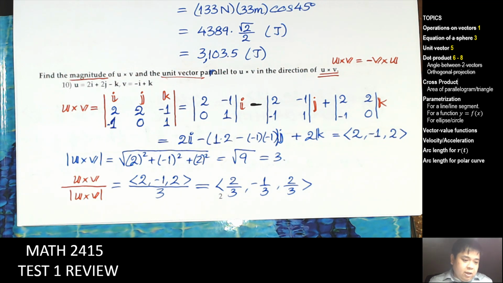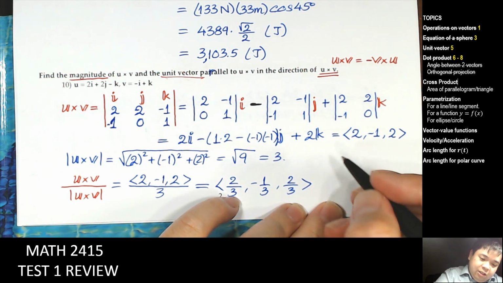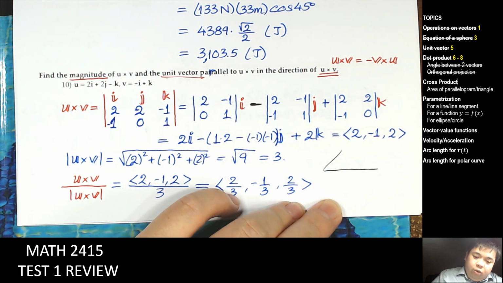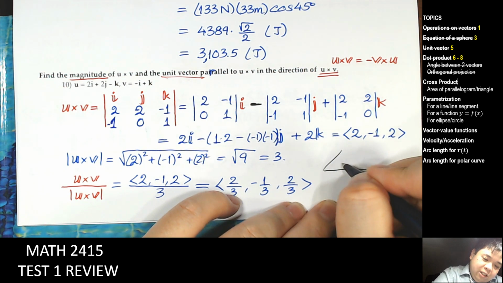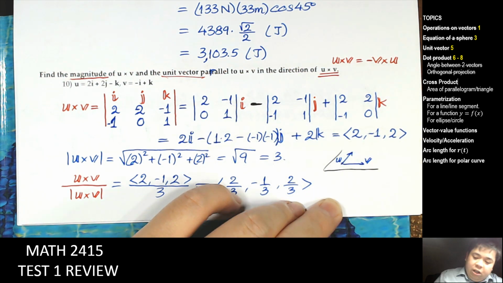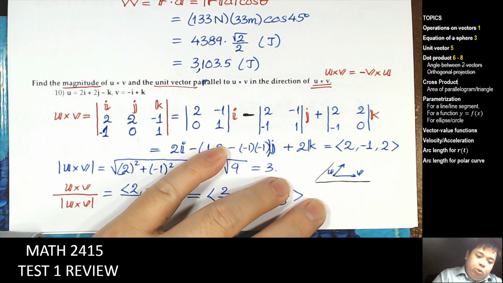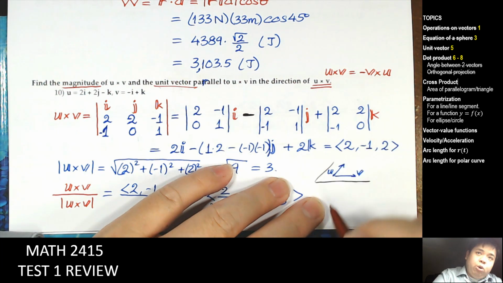In general, if we have two vectors u and v on a plane, when we do the cross product, we get a vector that is orthogonal to both.